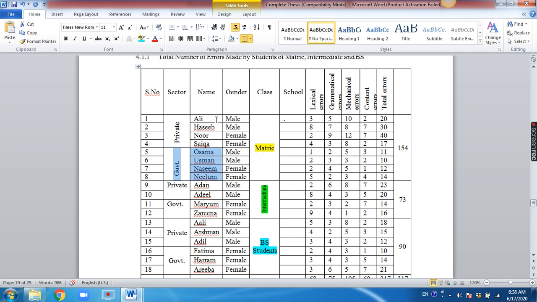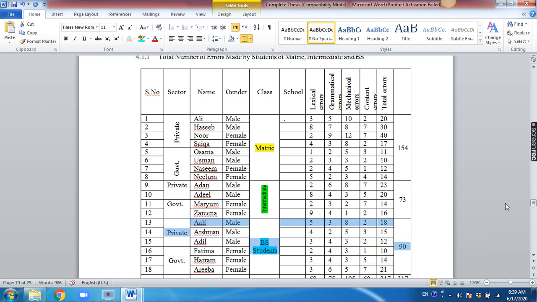You were asked to select 2 male students and 2 female students from private sector, and the same ratio should be observed in government sector. So these are errors made by matric students 154, and then these were the errors made by intermediate students 73, and these were the errors made by BS students.